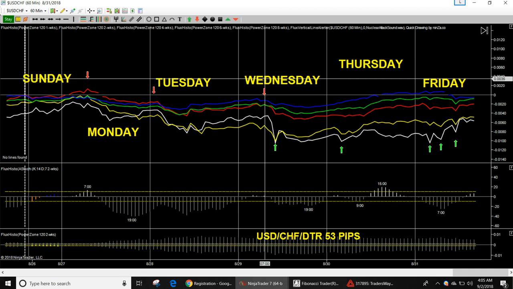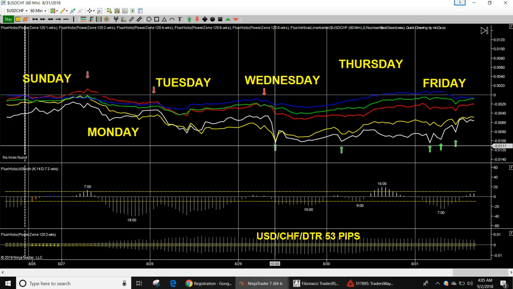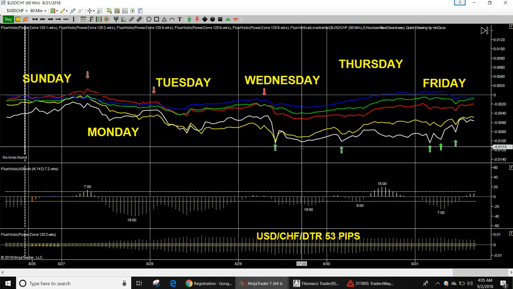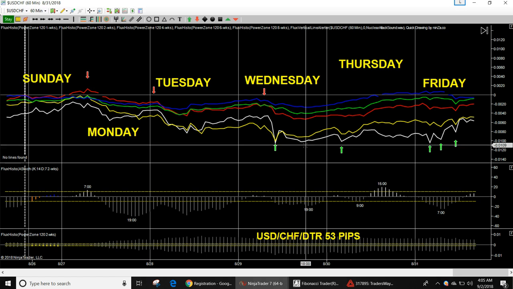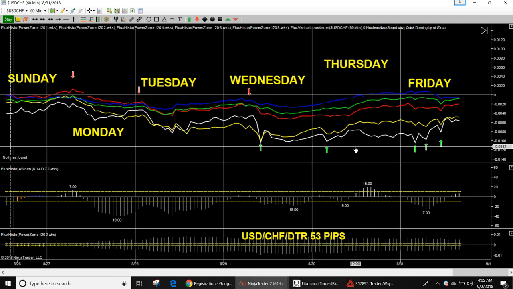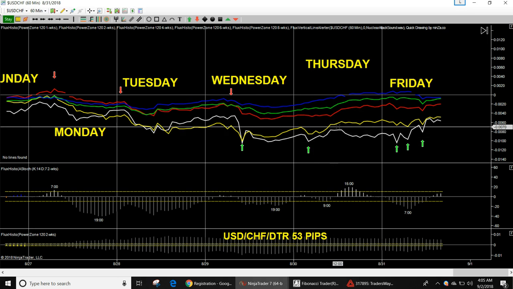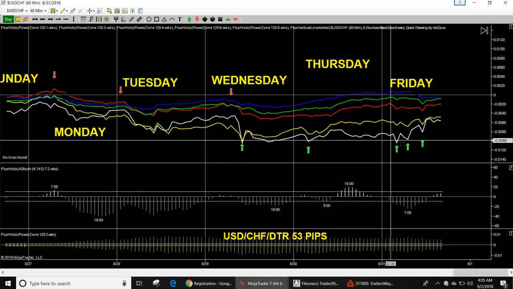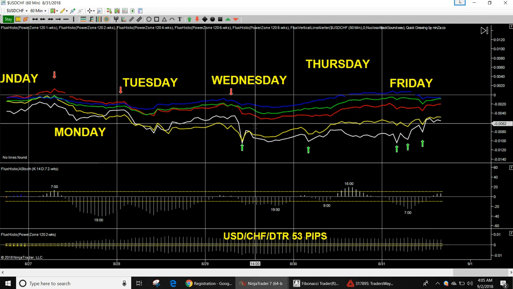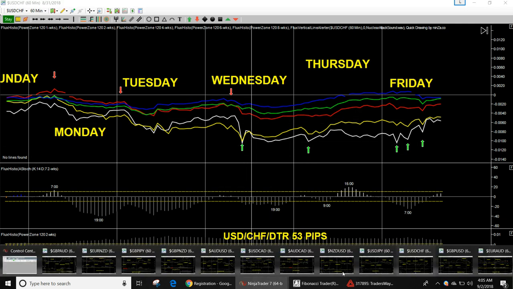Another sell opportunity here at 7 a.m. on Wednesday, and then pulls back at 10 a.m. And now when it goes back down to like 1800, it just pulls back, going sideways like sometimes it likes to do, excuse me. And it's like it's trying to go back up here on Thursday and Friday. All right, that's the US dollar Swiss franc.